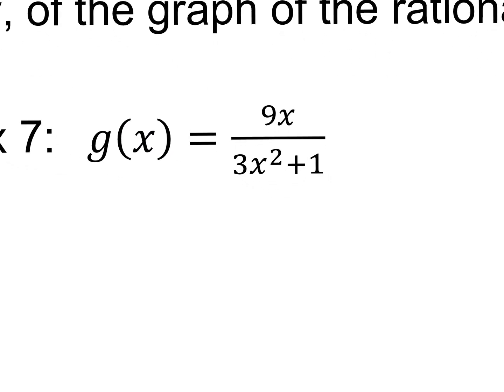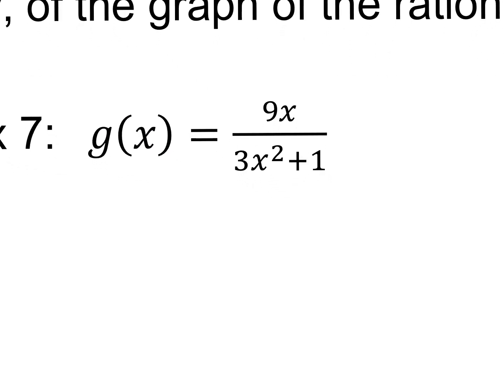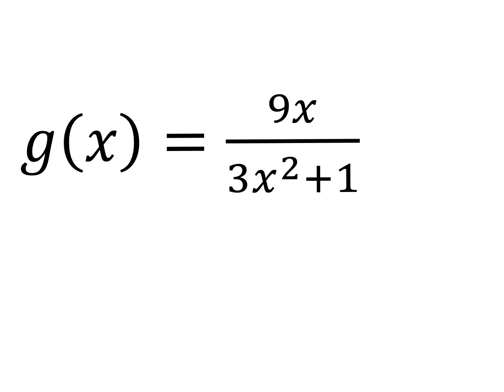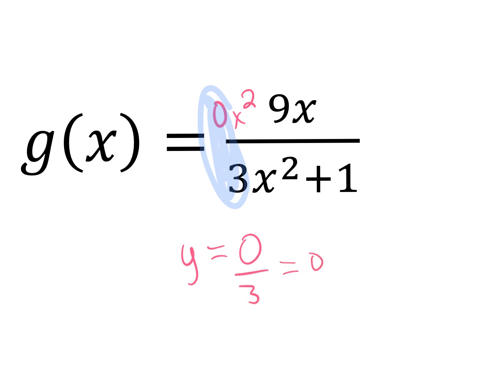For the second case, if we compare the degrees, we see that we need to fill in a placeholder of 0x squared. And now when we compare these leading coefficients, we find that we have y is equal to 0, because 0 over 3 is just 0.